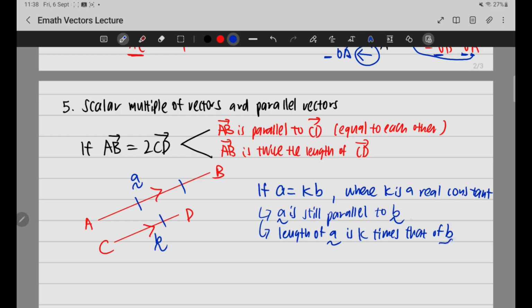That is all this is saying. That means a has k times the magnitude of b. Alright, so that's one thing to note.